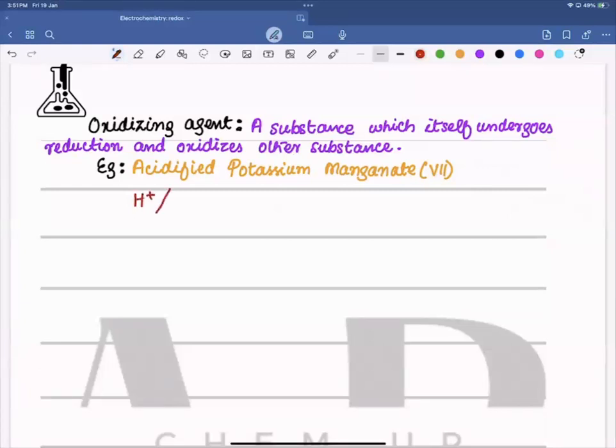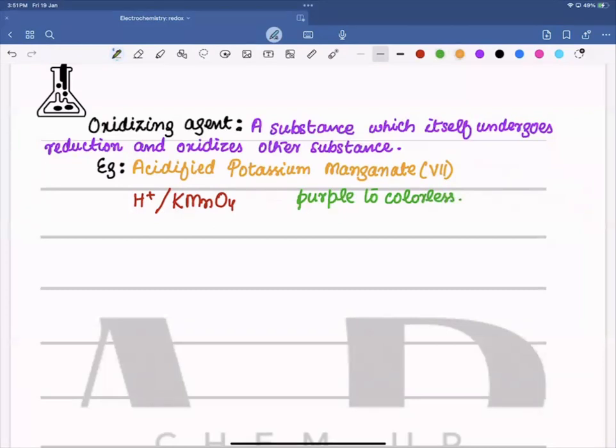We can write H+/KMnO4. Here H+ indicates the acidic medium or acidified condition. When it acts as an oxidizing agent, it changes its color from purple to colorless.